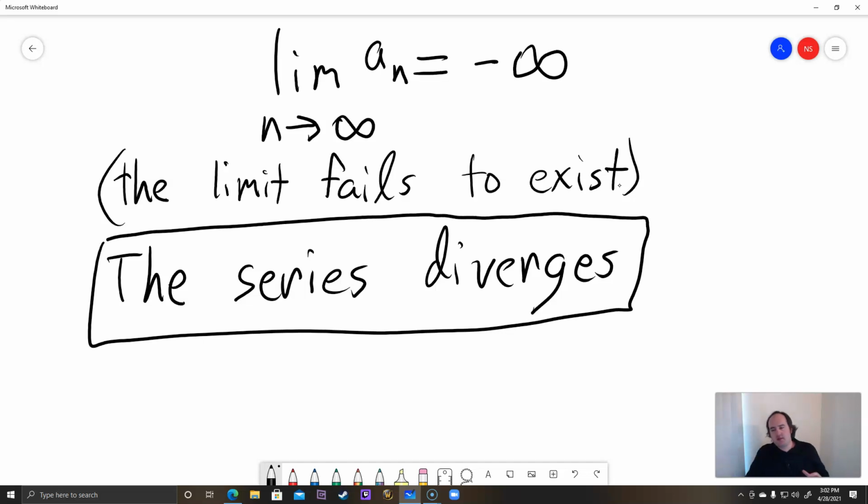If that limit is anything besides 0, the series automatically diverges. Even if it's negative infinity or positive infinity or 10 or negative 13, anything. Anything besides 0, it diverges. Okay, so that's the nth term test. And that's pretty helpful and it's not that hard to understand.